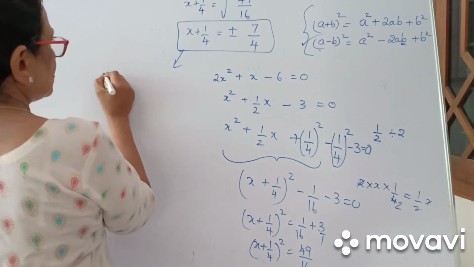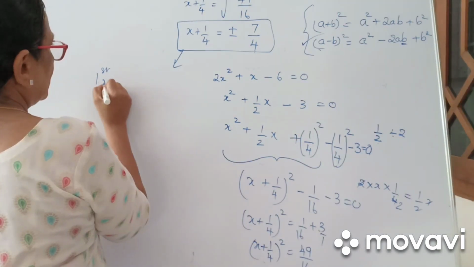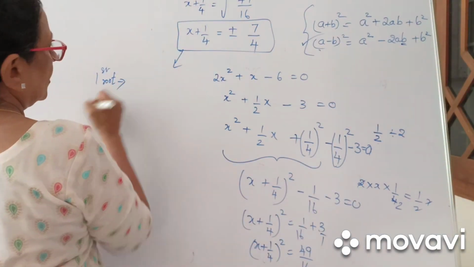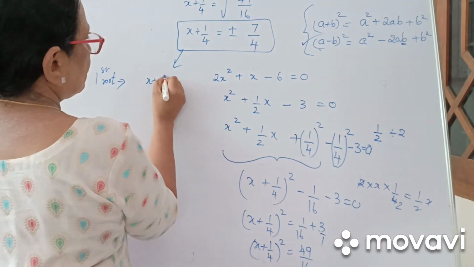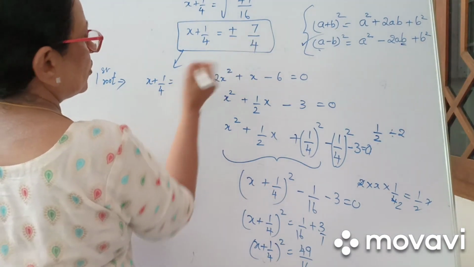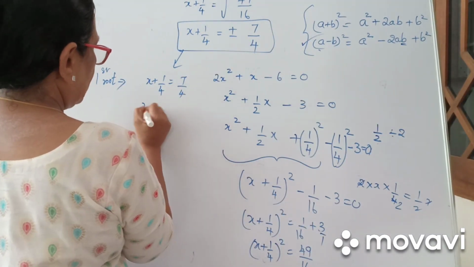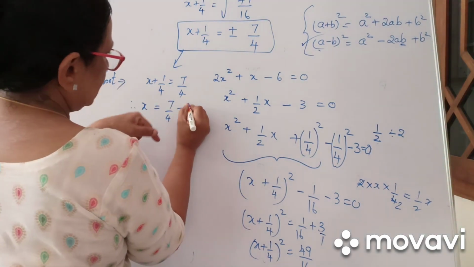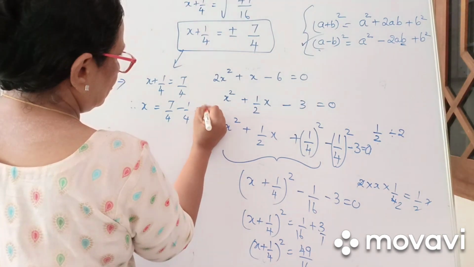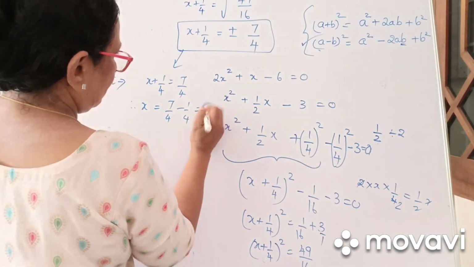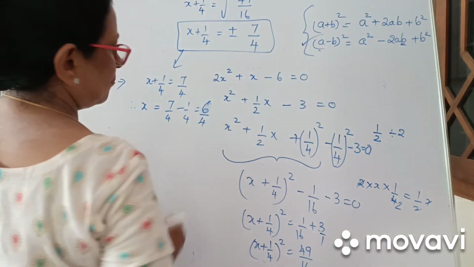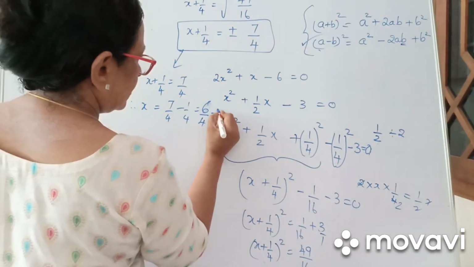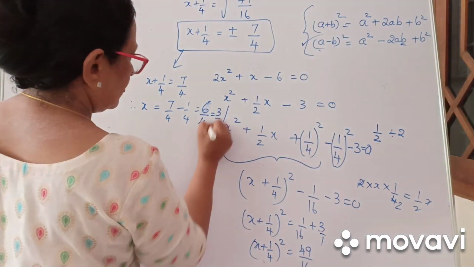Okay? Now, once you get this, first root: x plus 1 by 4 equal to positive 7 by 4. Therefore, x is equal to 7 by 4 minus 1 by 4, which is equal to 6 by 4. Cut, 3 by 2.